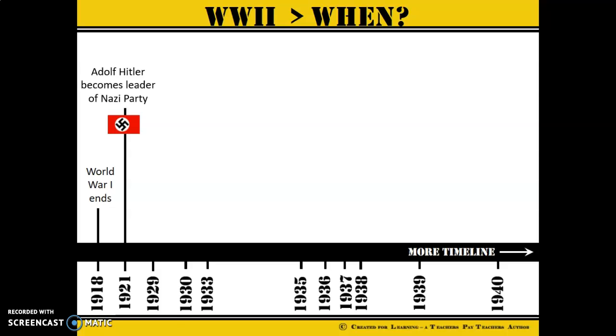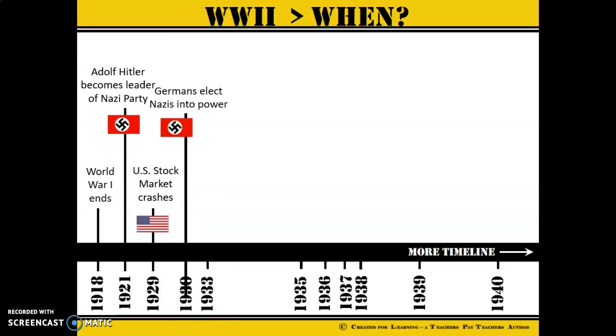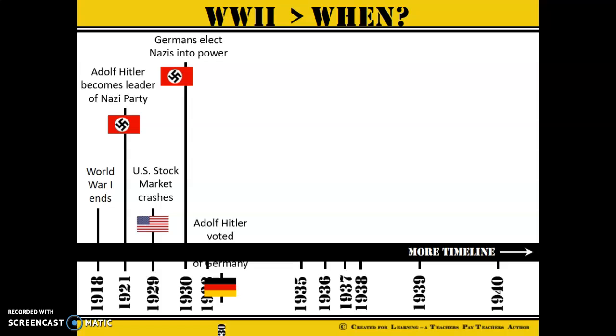Remember, this is a political party. In 1929, the U.S. stock market crashes. And then in 1930, the Germans elect the Nazis into power. Okay, so now the Nazi political party is the one in power in Germany.